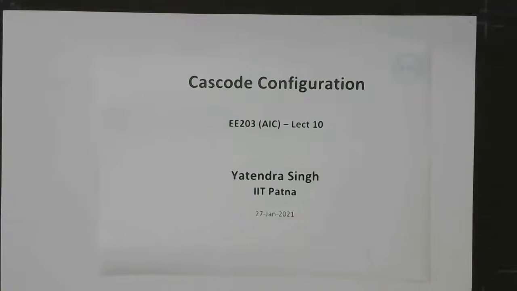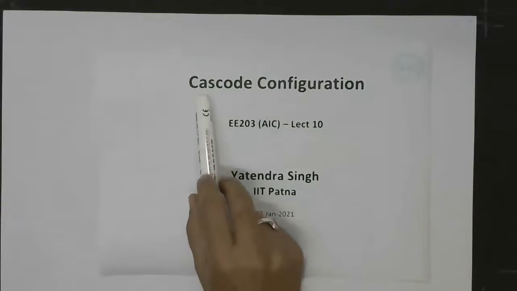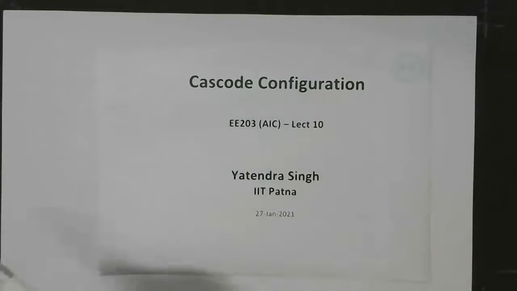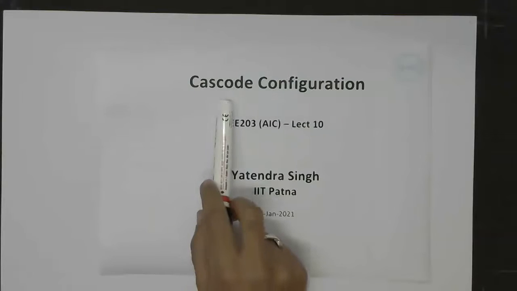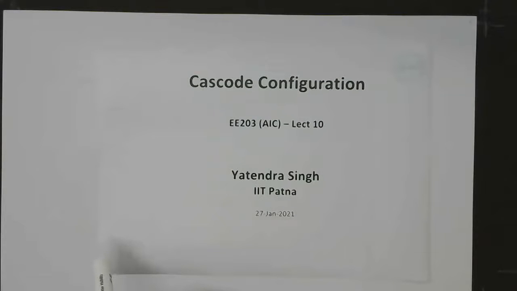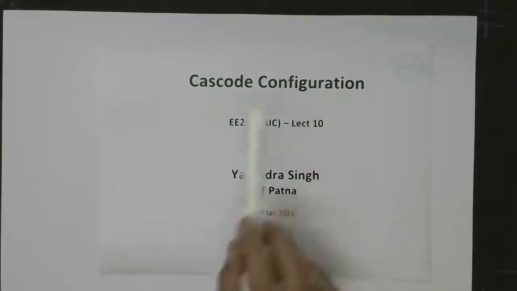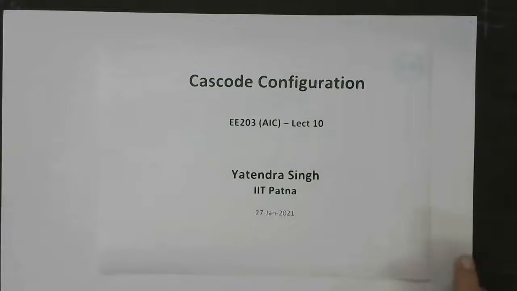In this lecture, we will study what are called cascode configurations. We will see that this configuration involves two MOS, and one of the MOS will be in common source, the other in common gate mode, when this configuration is used as an amplifier.